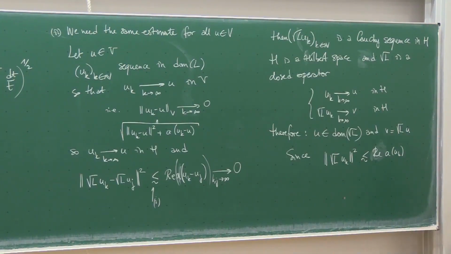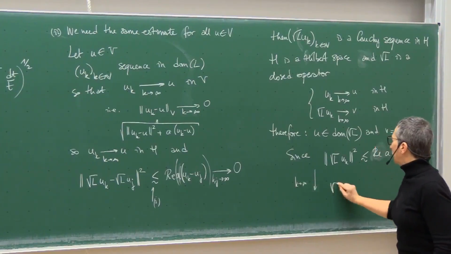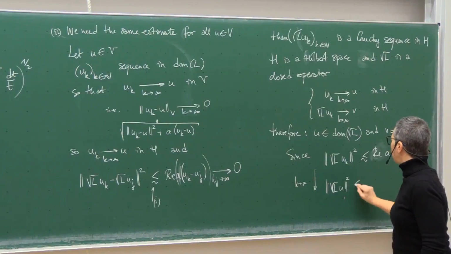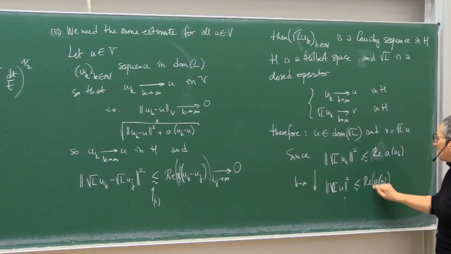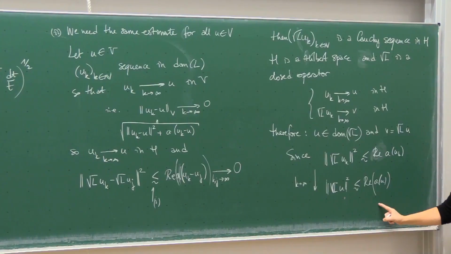At the limit, just take k to infinity, what I get is that the square root of L u squared is less than or equal, with the same constant, to the real part of A of u. Right? And that was for u in V. So what we proved is that if u is in V, then u is in the domain of the square root, and we have this estimate. Okay?